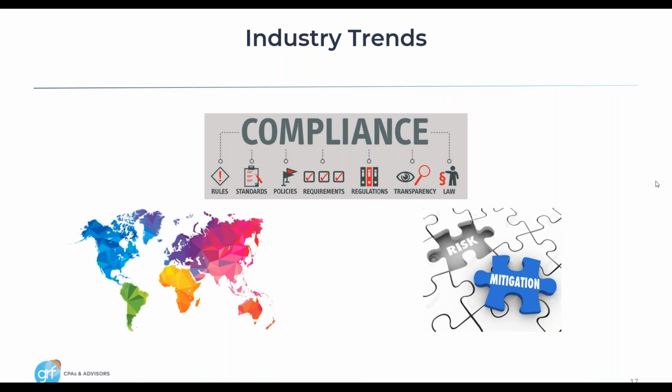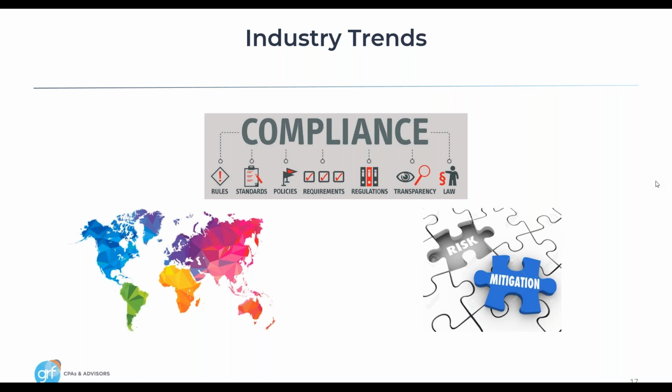Another, and again, in the context of this particular slide, we have the large word compliance in here, and I'll talk a little bit more detail on compliance in just a few moments, but compliance is one of the top 5 risk areas for any organization, and compliance comes in a variety of different forms, and it includes internal and external regulations and other kinds of policies and procedures that need to be followed.